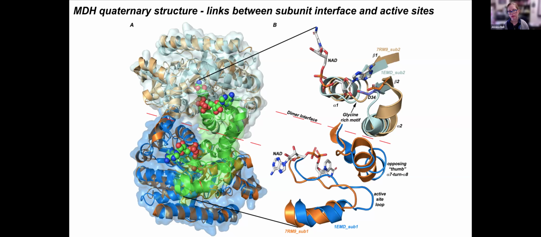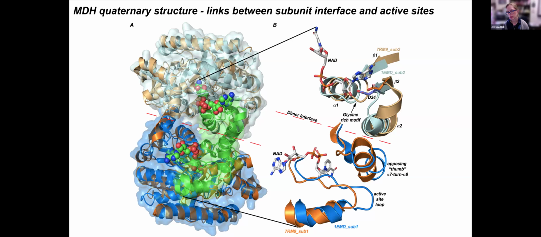And then we have a second down here, and the active site is filled with ligands. And I want to talk about what's happening across the interface between the two subunits and how we can communicate things. So I'm just going to blow up the area of the two active sites in the interface. And so that's what's shown on this side.